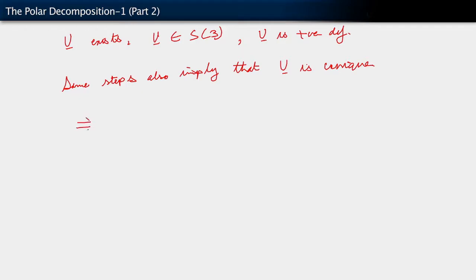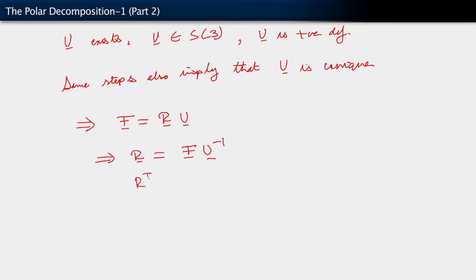what this implies then is that if we have F equals RU, we can define an R which is equal to F U inverse. So there exists an R. Let's check if it's an orthogonal tensor.